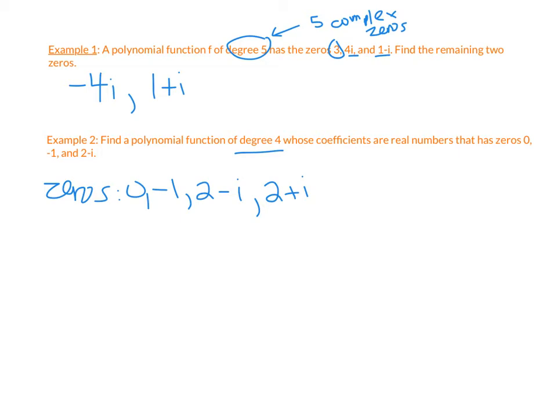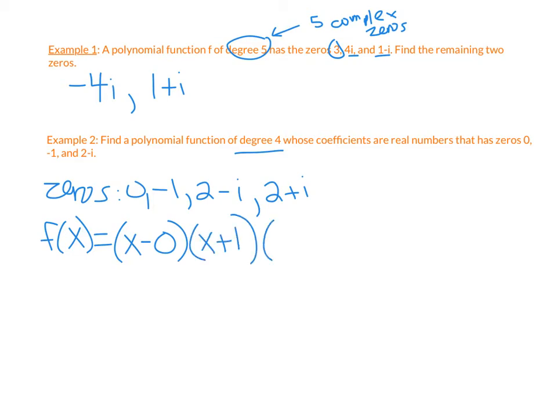The way that we're going to find this polynomial function is by remembering that our factors are going to be written out like this: x minus 0, x minus negative 1, which is x plus 1. With our complex numbers, we get x minus (2 minus i). We also get x minus (2 plus i).